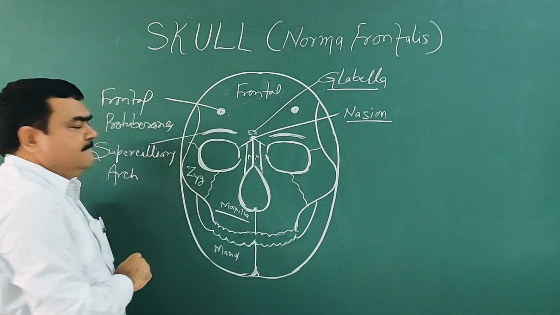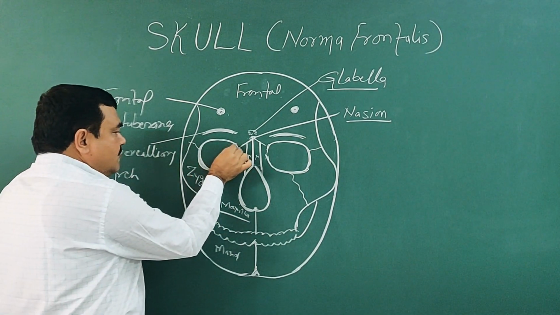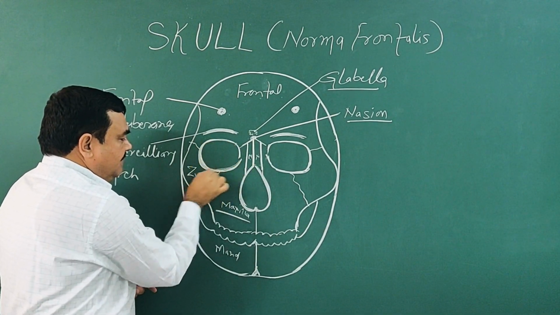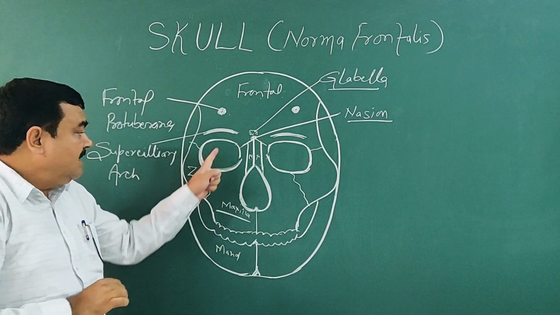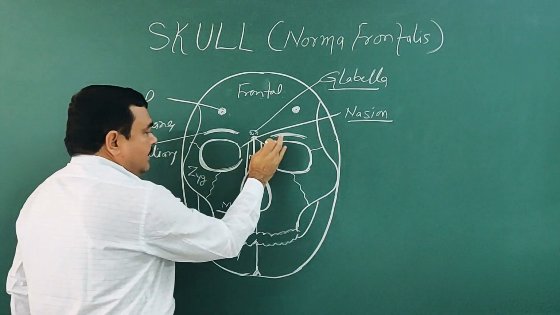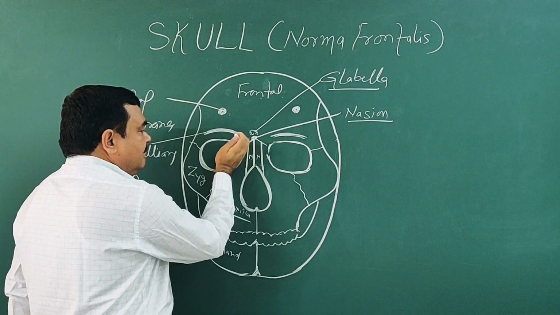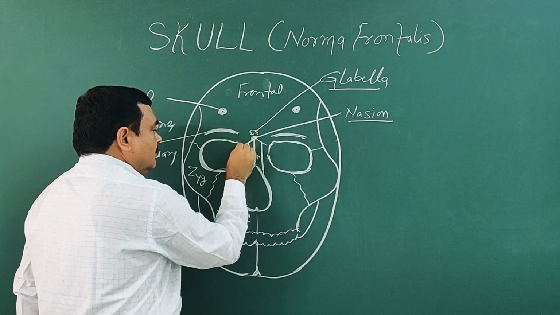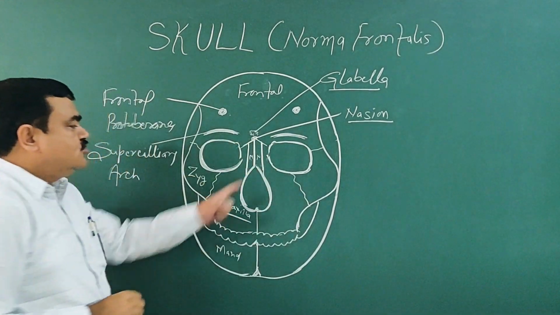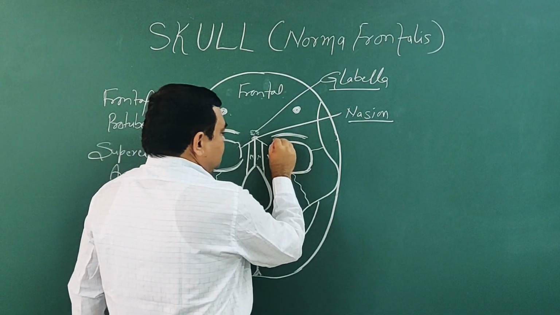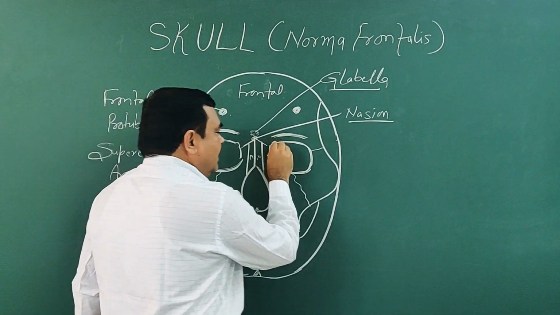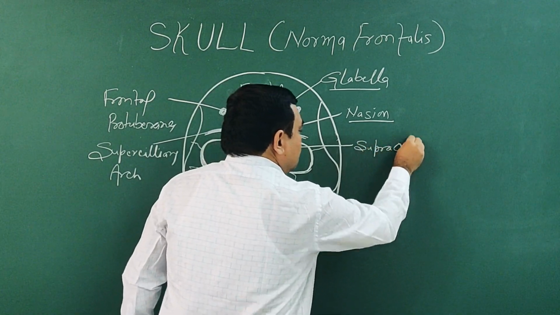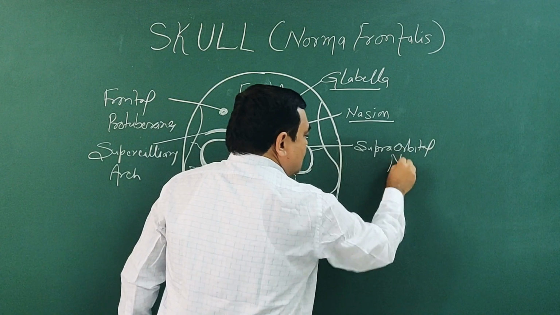And here is the orbit. In the orbit you can see it has four margins: this is the superior margin, this is the lateral margin, this is the inferior margin, this is the medial margin. In the superior margin a notch is present. This is the supraorbital notch.